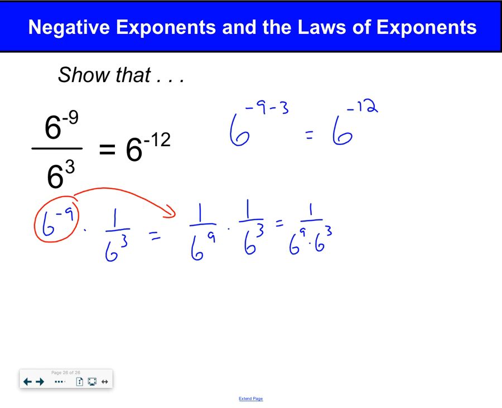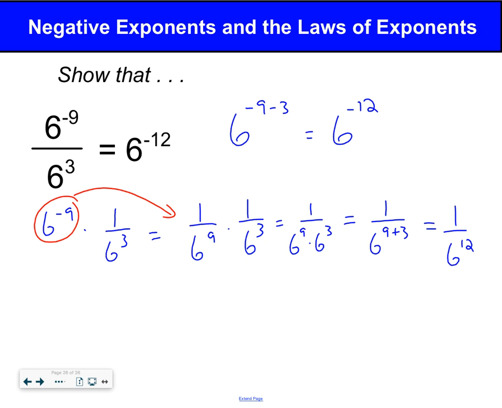Now I realize that I have the same base, and I'm multiplying, so I can add these exponents. So I have 1 over 6 to the 9 plus 3, which equals 1 over 6 to the 12th power. And as we learned today in class, when I have 1 over 6 to the 12th power, I can flip that up to the numerator, and I can change the sign.